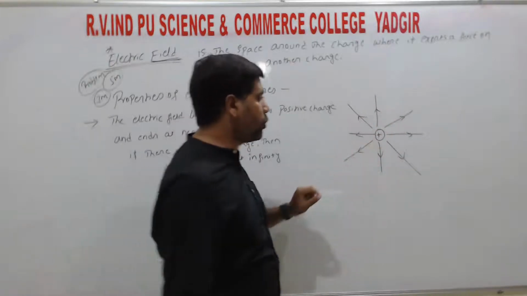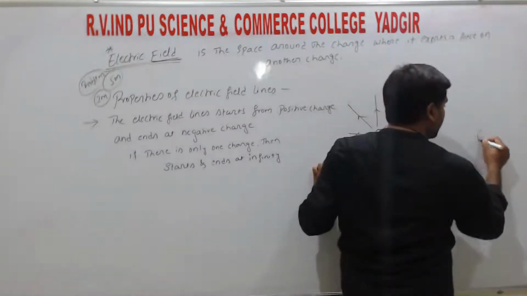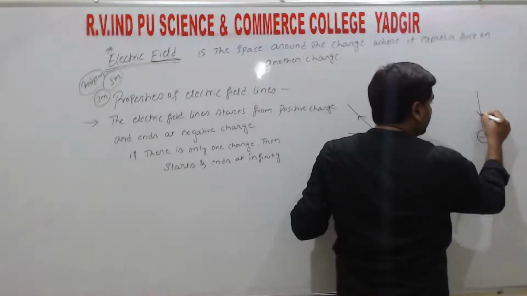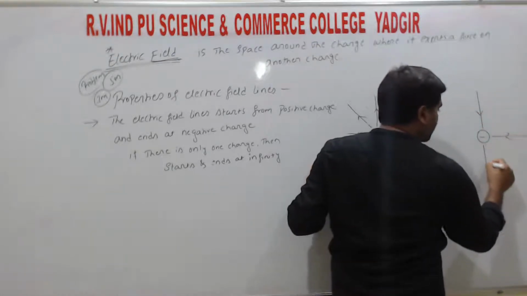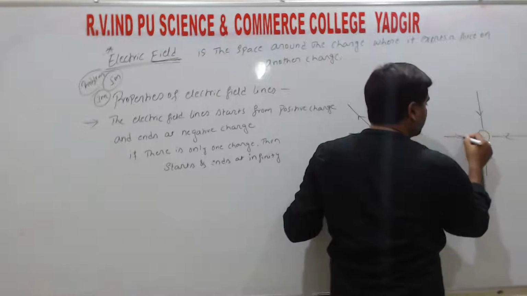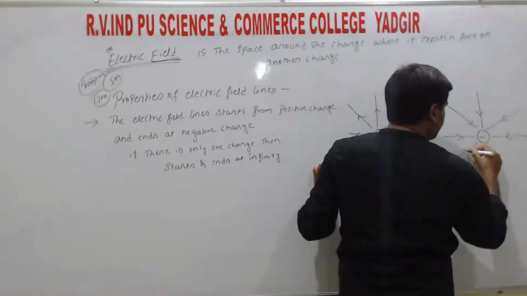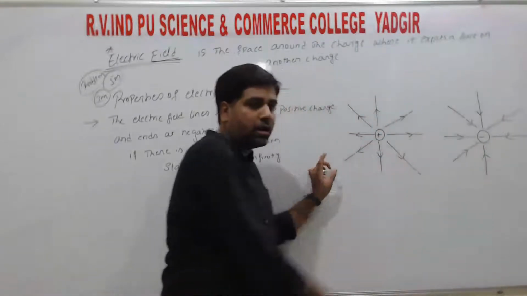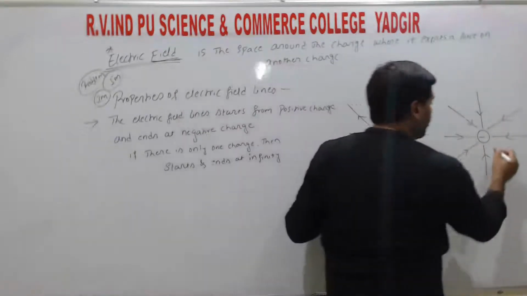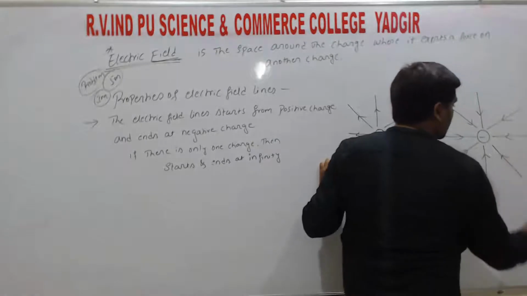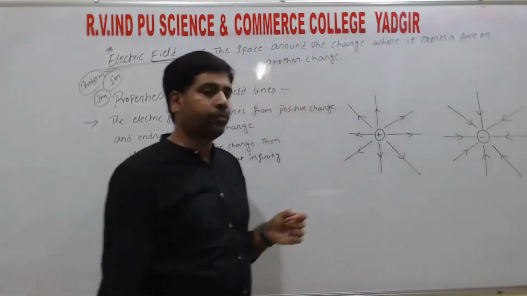So this is for the positive charge. Next, for the negative charge, these electric field lines are converging. That means these electric field lines meet at one point. So for positive we call diverging, and for negative we call this converging, right?